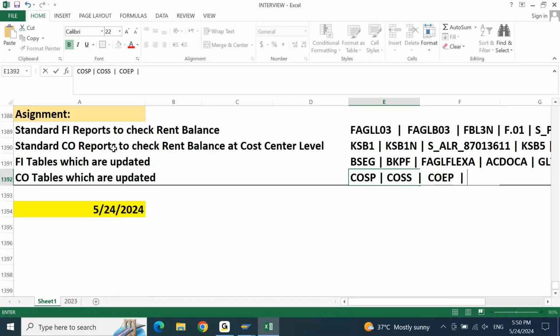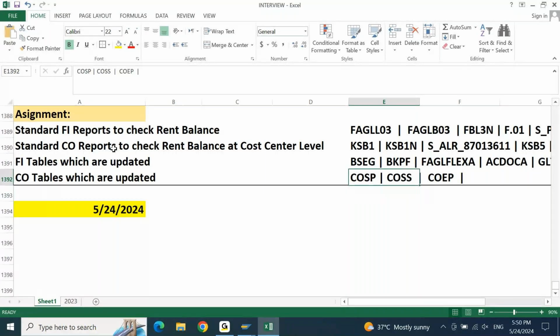CSKS is for cost center, it is master data. We are only talking about a transaction. CO transaction table basically, not CO master. Master we already updated in the previous session. Okay. Alright. COSL.